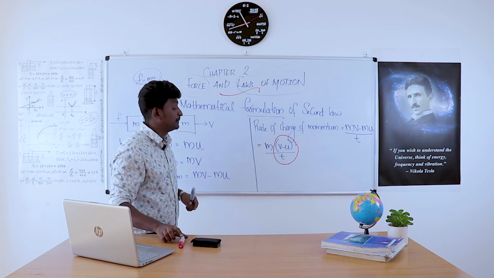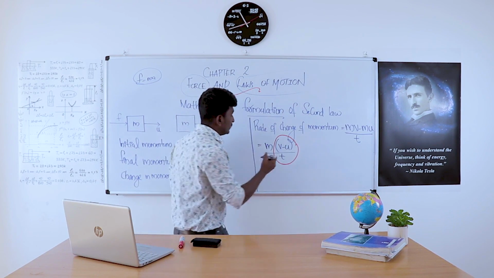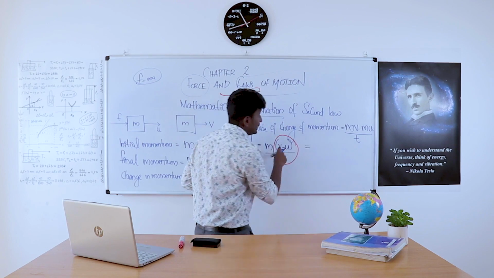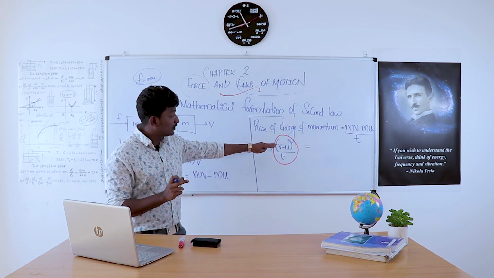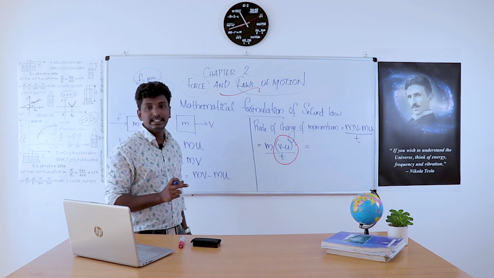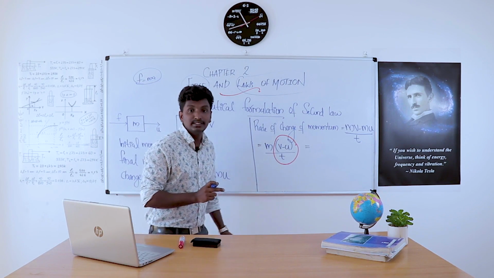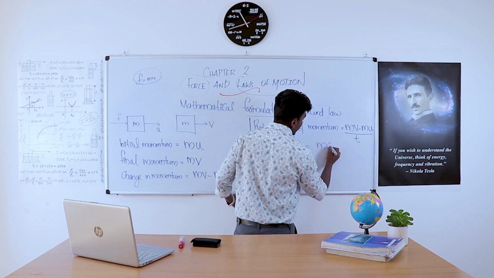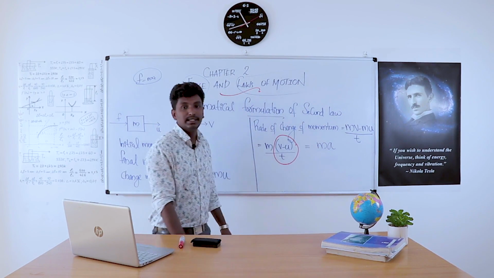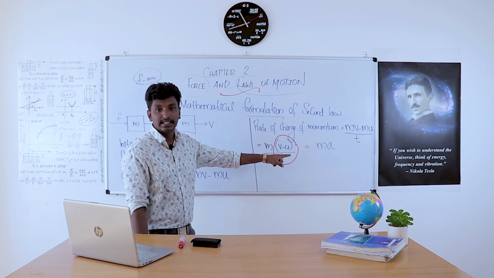In the first chapter, motion, we already explained this v minus u by t as acceleration a. Therefore, this v minus u by t can be replaced by acceleration a and written as ma.